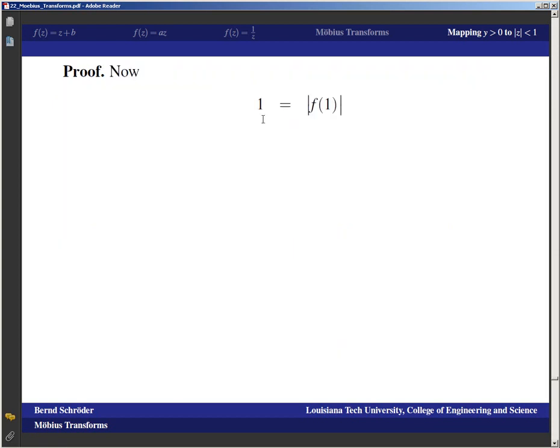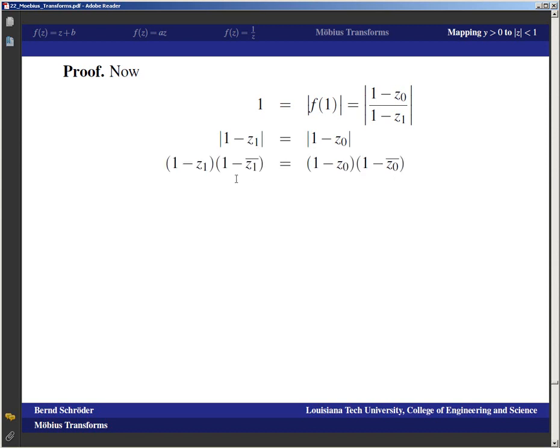And that now means that 1 is equal to f of 1, which is tossing out everything that has absolute value 1. That's the absolute value of 1 minus z0 over 1 minus z1, which means the absolute value of 1 minus z1 equals the absolute value of 1 minus z0. And those absolute values, of course, if I square that, I can work it out. 1 minus z1 times 1 minus z1 bar equals 1 minus z0 times 1 minus z0 bar.